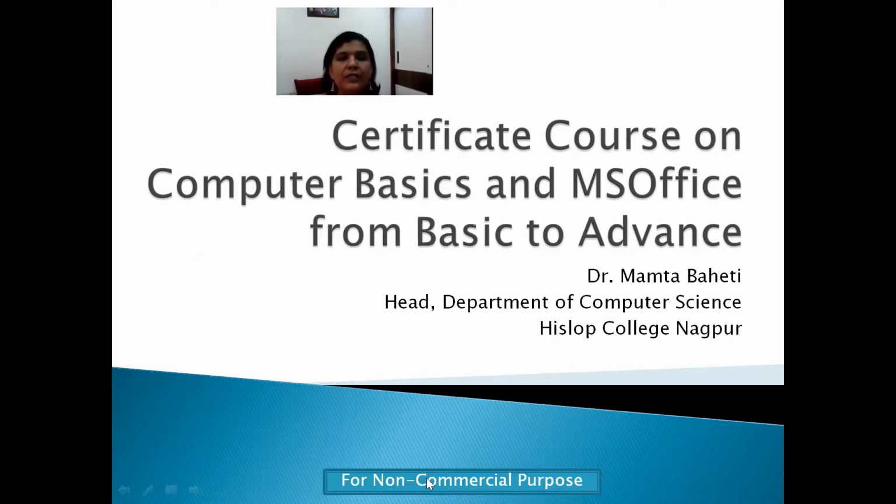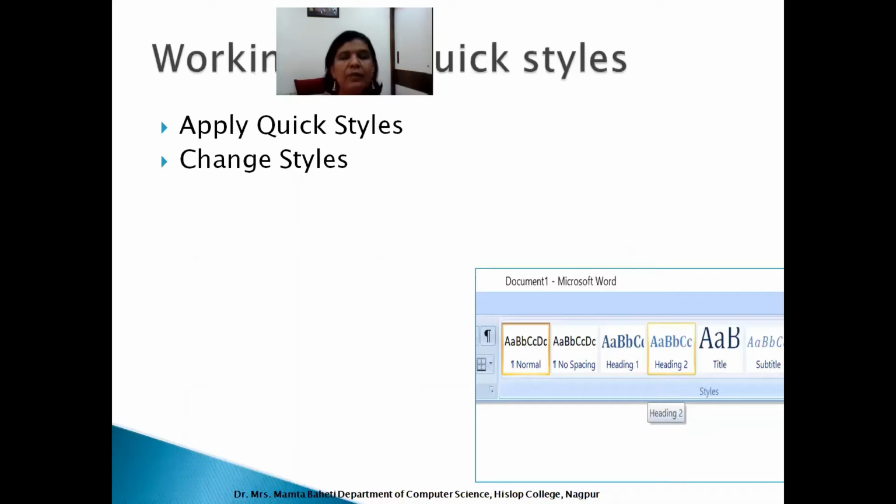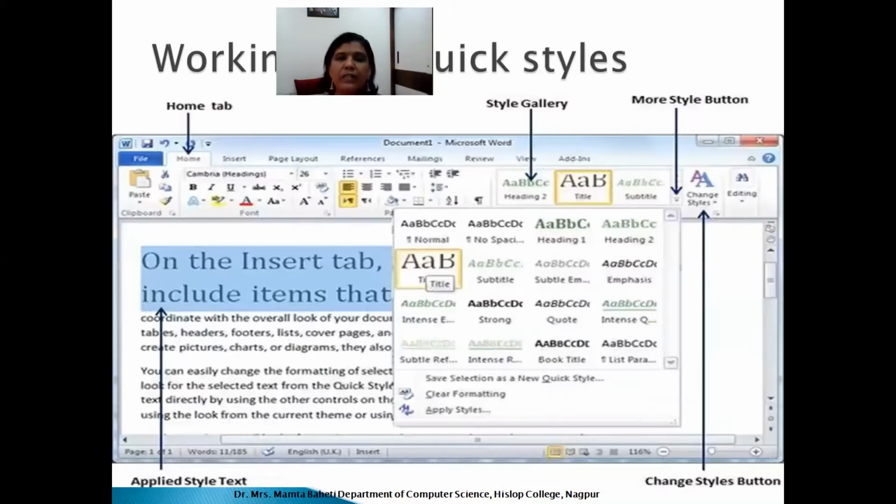We have started with the advanced syllabus under Microsoft Word 2007 and we'll be learning working with quick styles. What we will learn here is how to apply the quick styles and how to change the quick styles. What are quick styles?